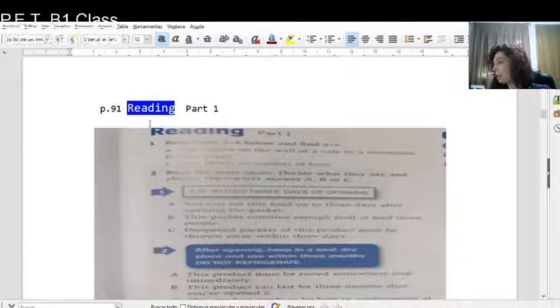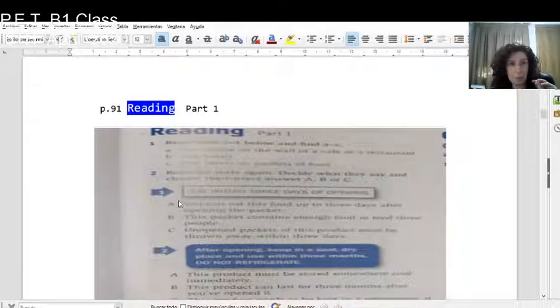We have different kinds of text, and it's multiple choice. You have to read the text and decide what they say. You have to choose A, B, or C. I'm going to read them aloud, and please, while I'm reading, go choosing the correct one.